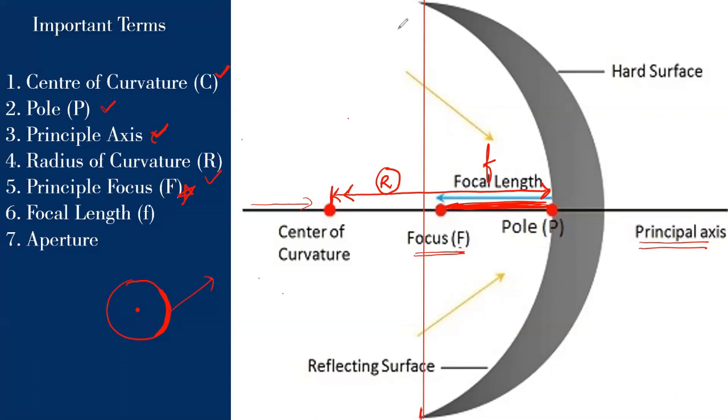We just name this as M and this as N. So MN is my aperture. If it comes for definition, you can say the diameter of the spherical surface is called aperture. That's it.